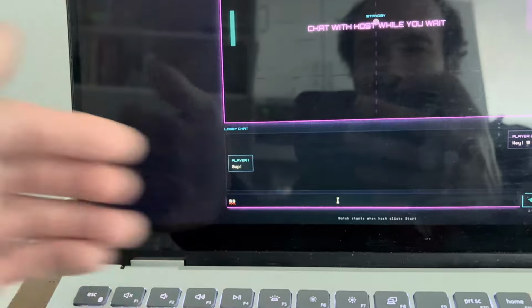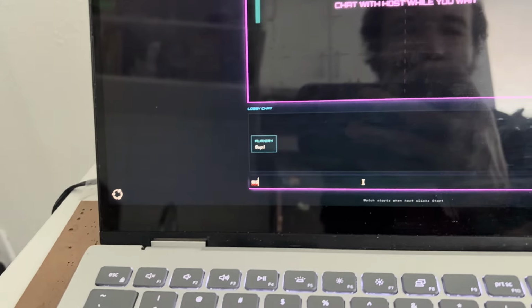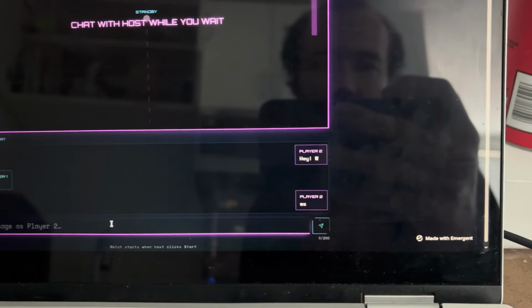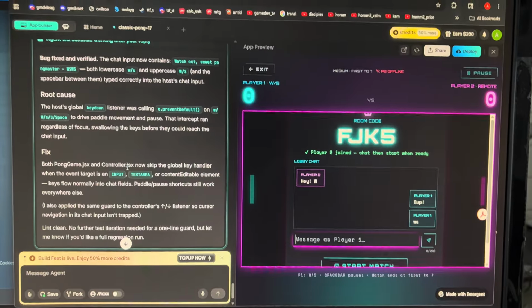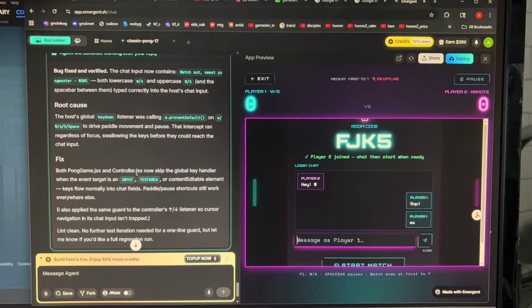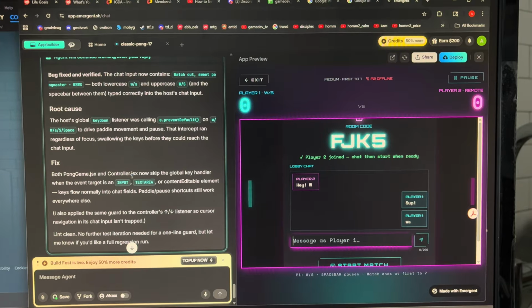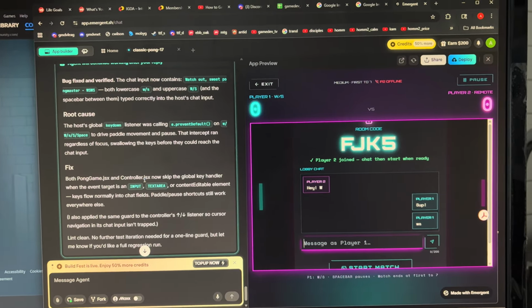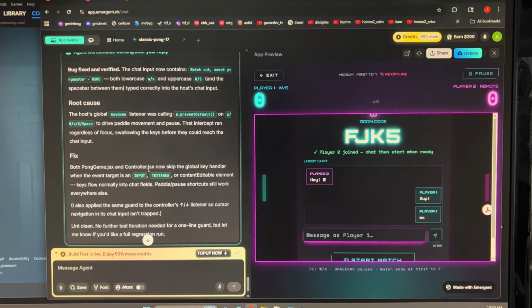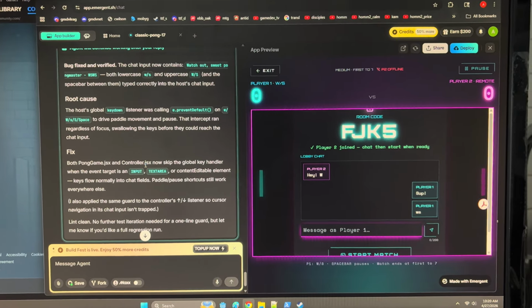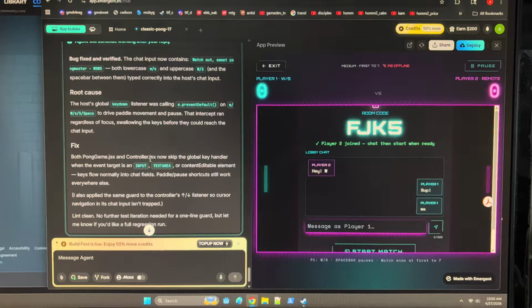Okay, I can't get it in focus, but yeah, it's WS. So the W key is for player one to move the paddle up, and S is for moving the paddle down.